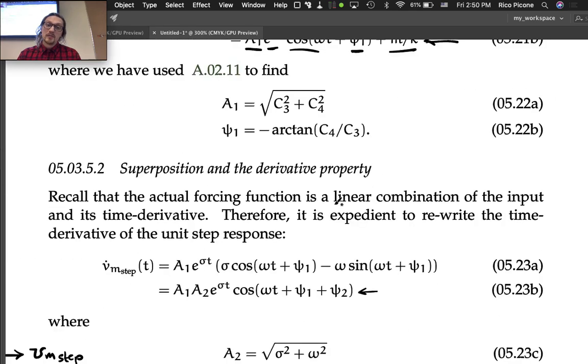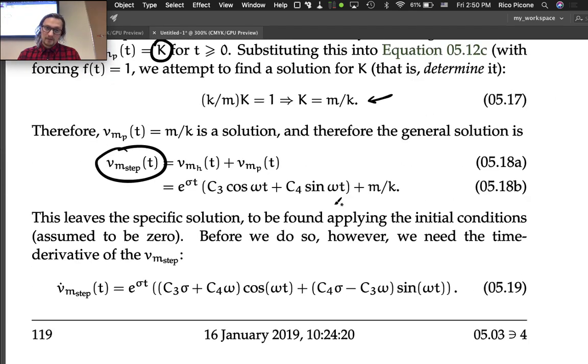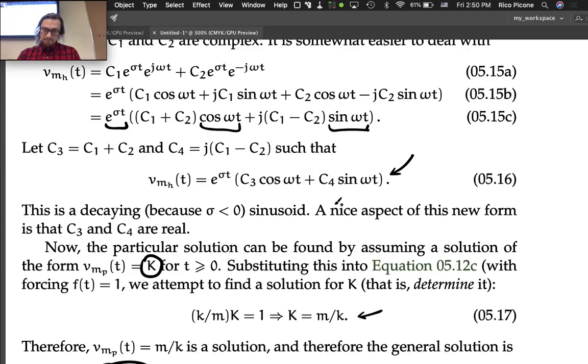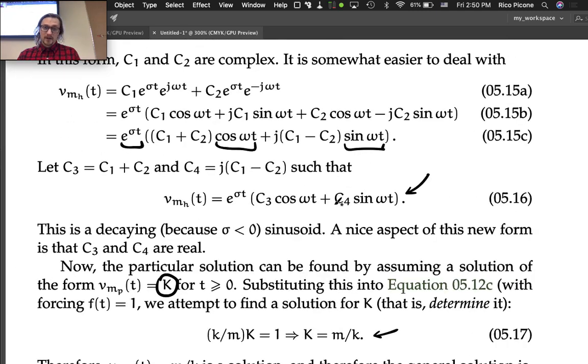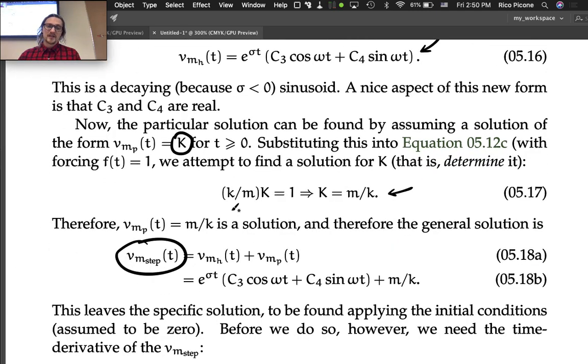Not a lot, but one thing that's different is our particular solution. Instead of being super easy, just a constant, that was our particular solution. It took this much space. Wasn't bad at all. If it had been sinusoidal, it would have been messy, right?